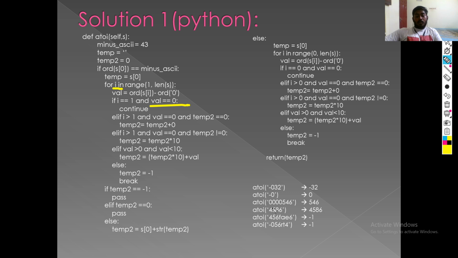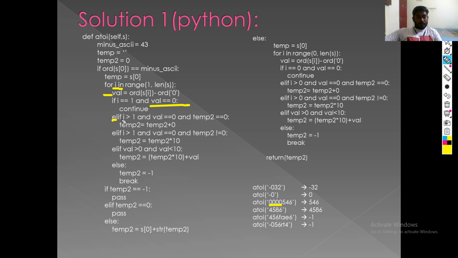Because however many zeros come, we should not keep adding them to our final output. That is the reason, if i is equal to 1 and val is equal to 0, we don't give any value, just continue.